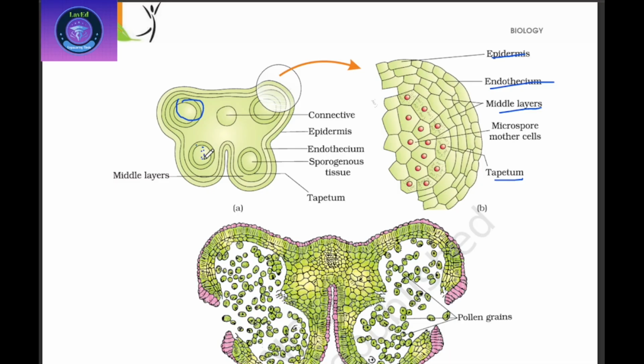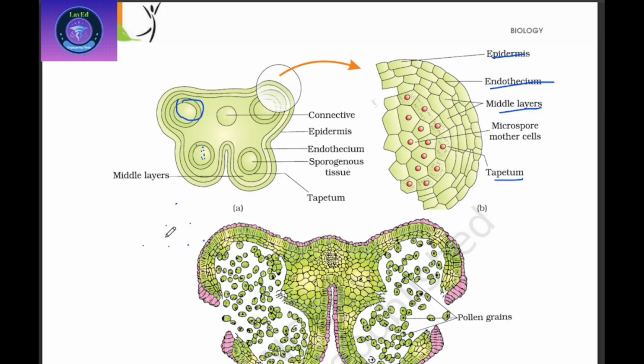Clear? How do they do it? First of all, let's consider this one dot. This dot will undergo meiosis one. It will create two dots. These two dots will undergo meiosis two, resulting in two from each.